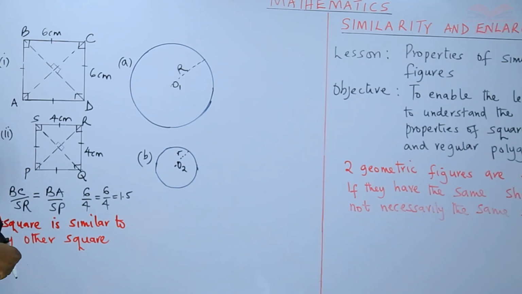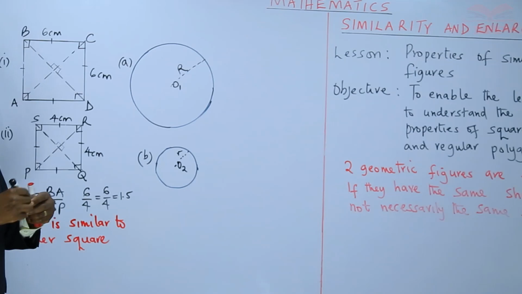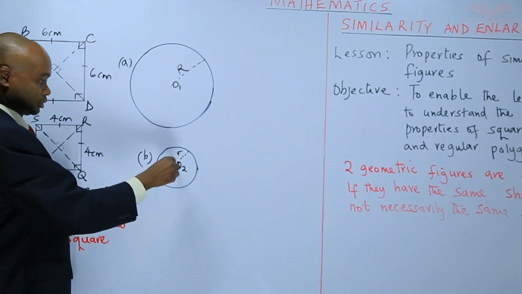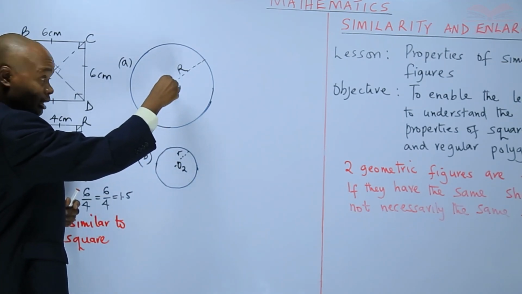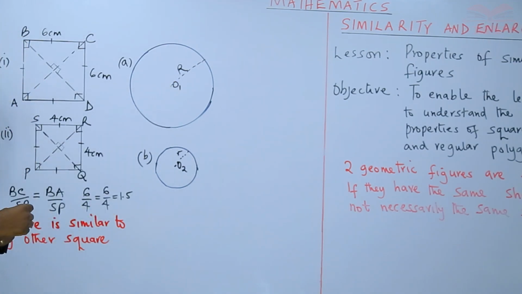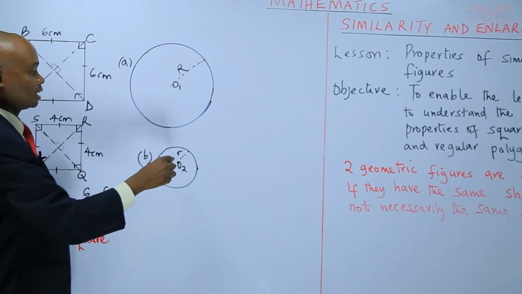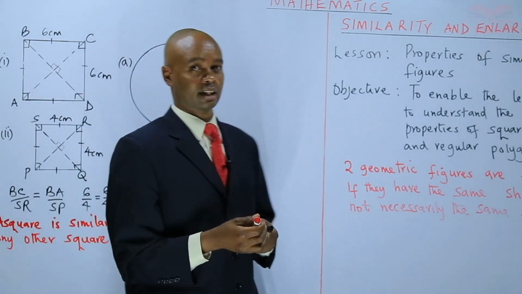So if you look at it, from one center, we can draw very many circles. From one center, I can use this center to draw this circle. I can use the same center to draw a circle of size equal to that. I can use the same center to draw a circle equivalent even to the size of the earth.